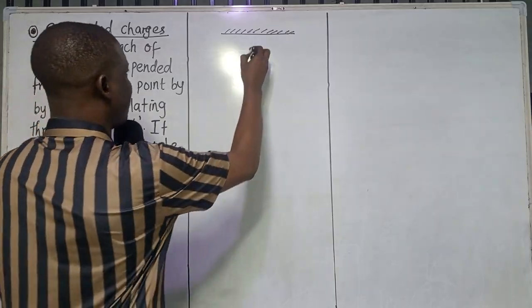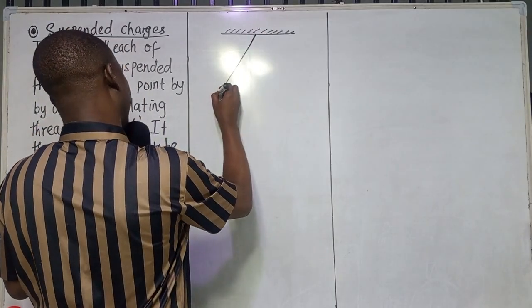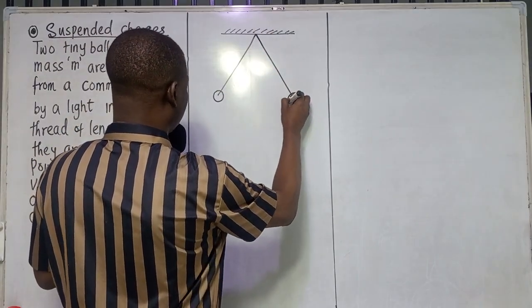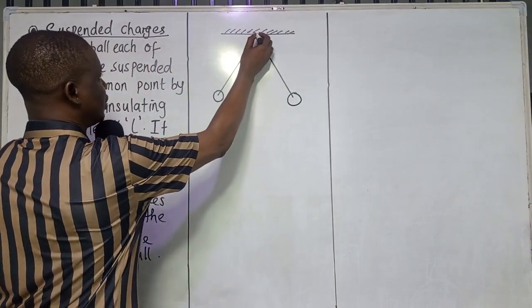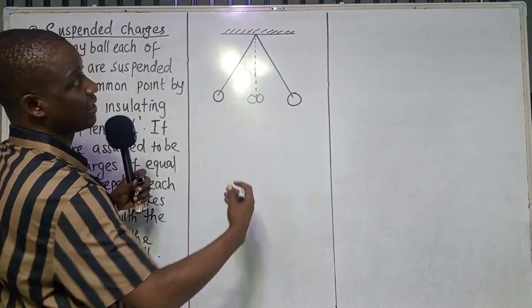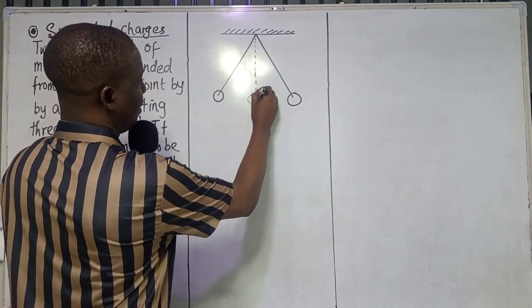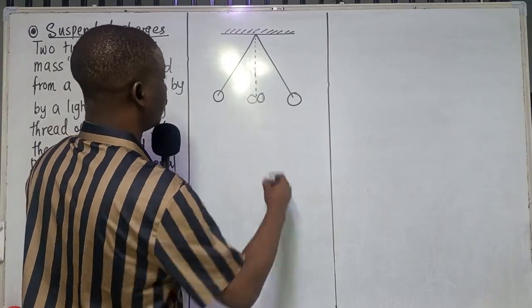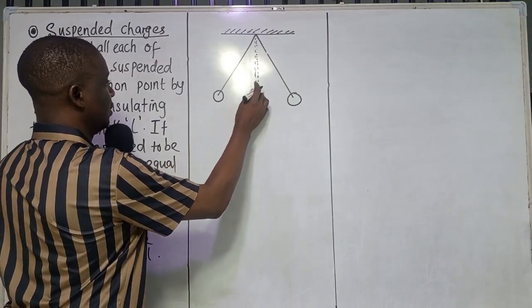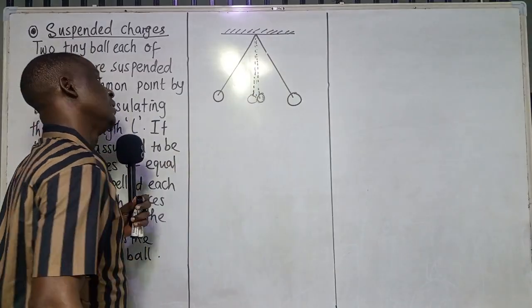Now, if they repel each other, they will form something like this. Initially they will be at this point, both of them. After repulsion, they cannot attract. It is like two threads, one suspending this charge and the other suspending that one.